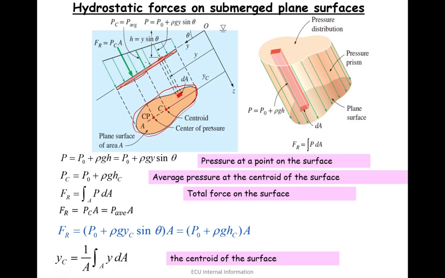First is YC, from this point, which is the distance from the origin to the centroid of the surface. What is the vertical distance? The vertical distance would be that one, which we say is HC. So in that case, HC would be YC cos theta.